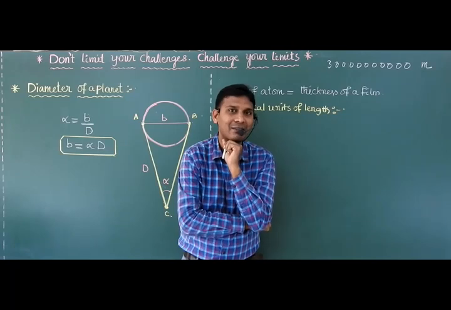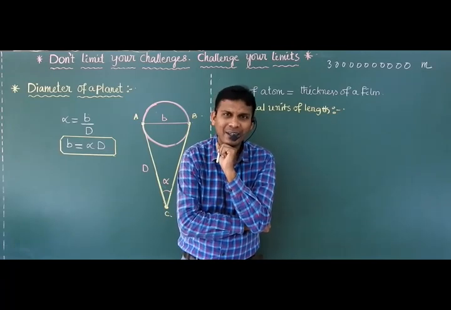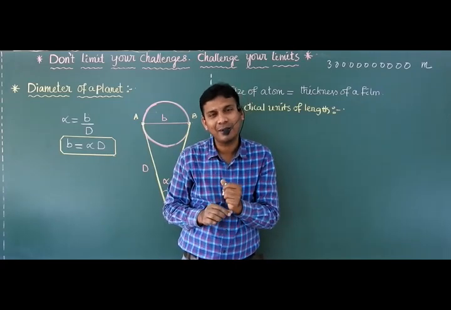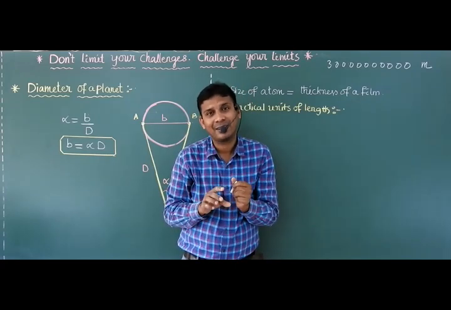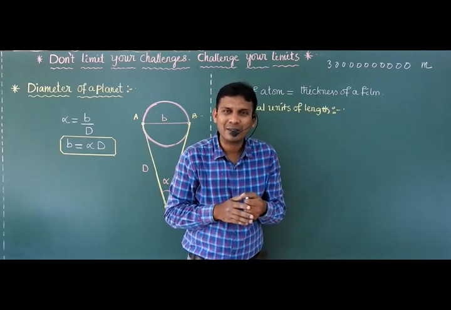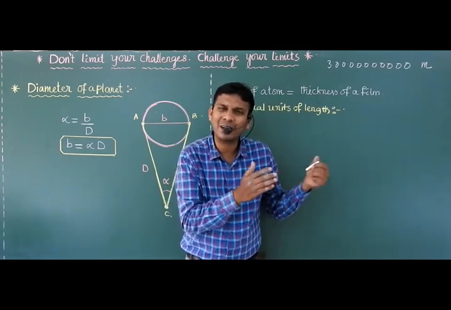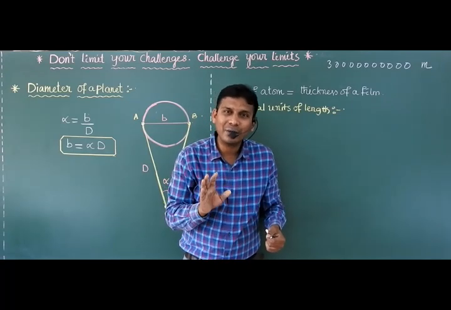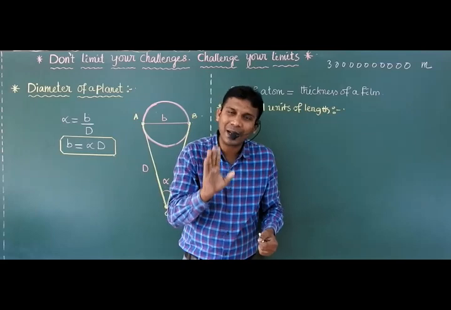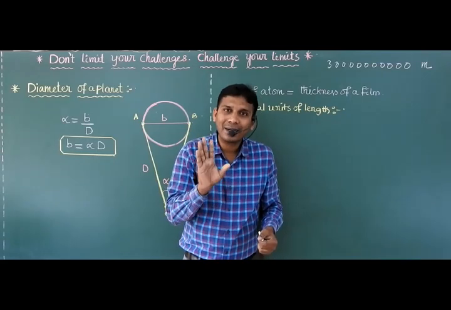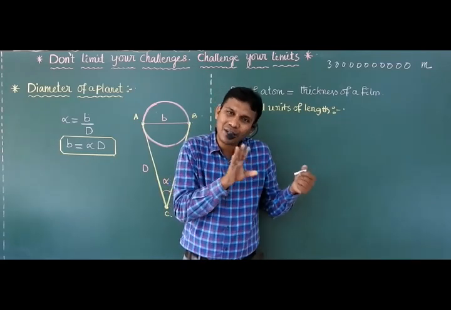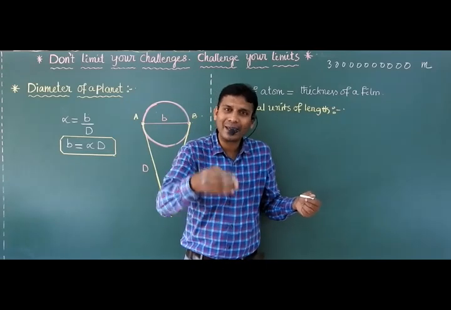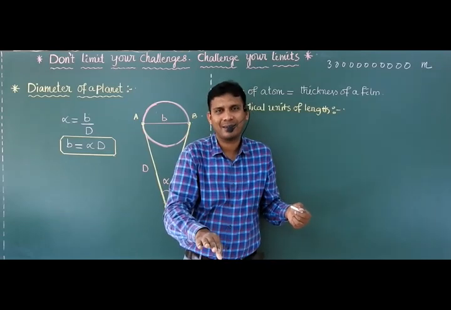Then millimeter and centimeter are not convenient units to represent that very small value. Under that condition, we use some special units which are nothing but practical units. Practical units means we are not using them in physics practicals. Practical units are additional units in addition to MKS, CGS, SI.